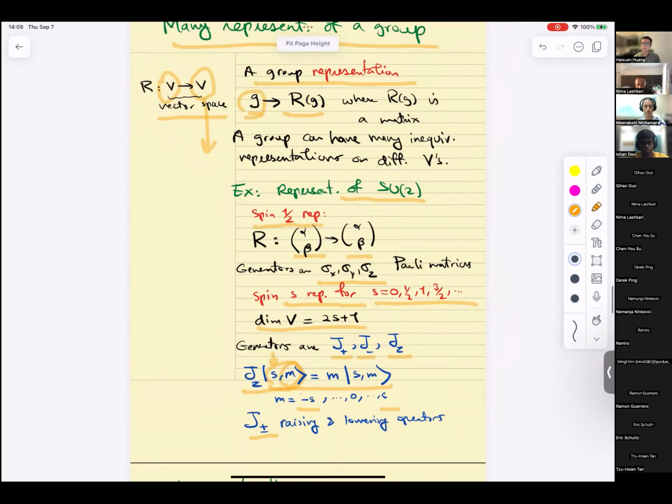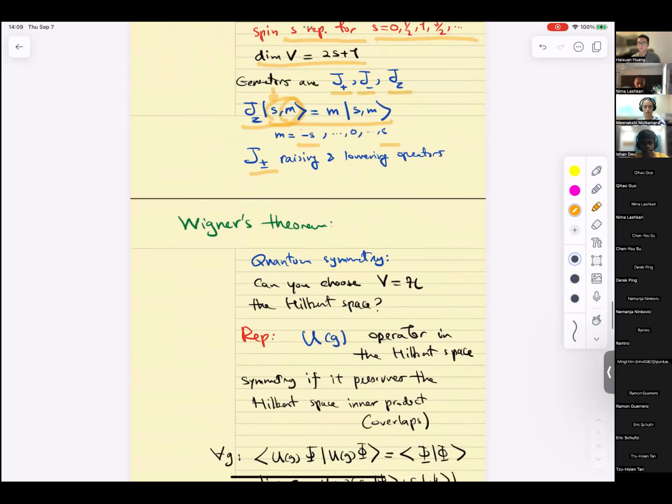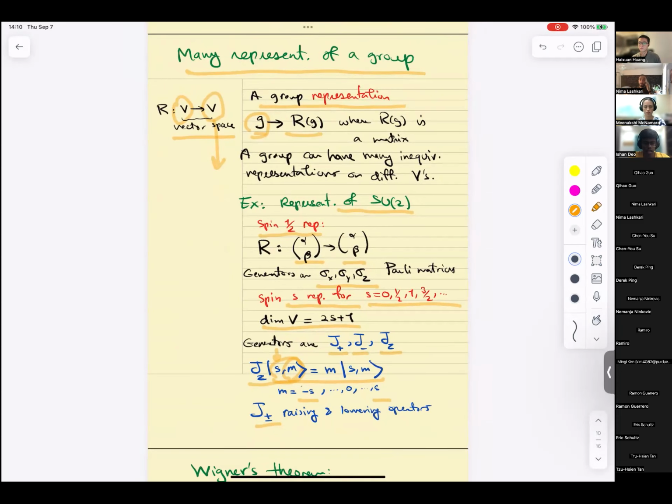Anyway, all right, any questions so far? So far, I just gave a bunch of examples of symmetries. I said what a symmetry group is, what a representation is, and why it is important.